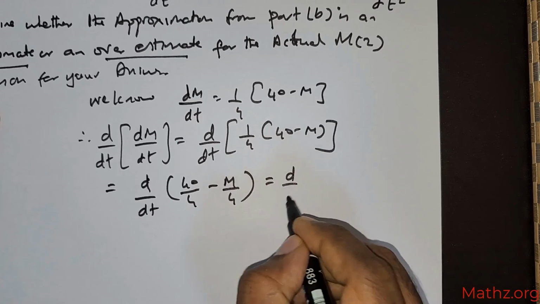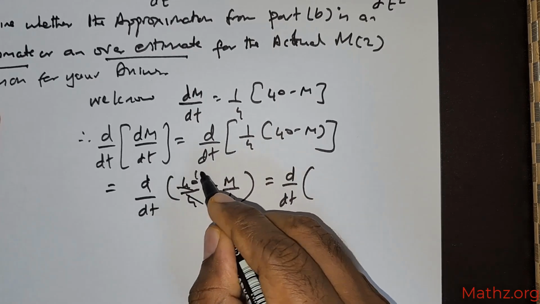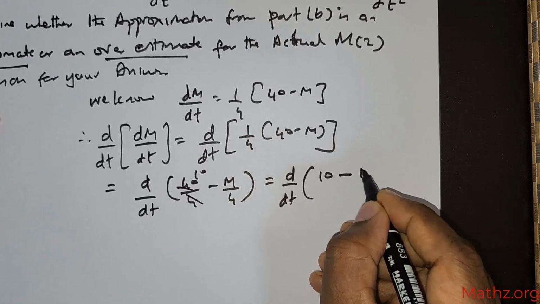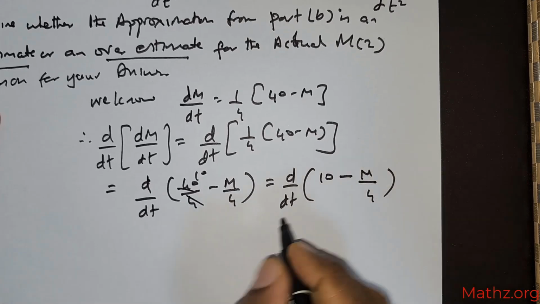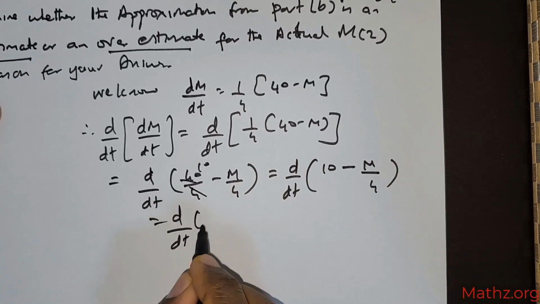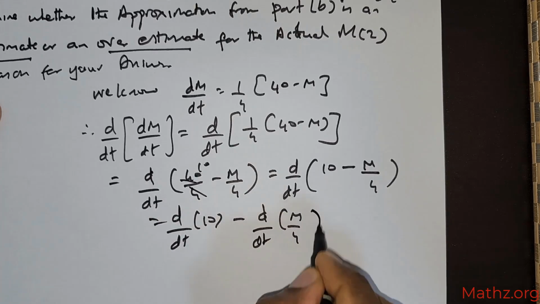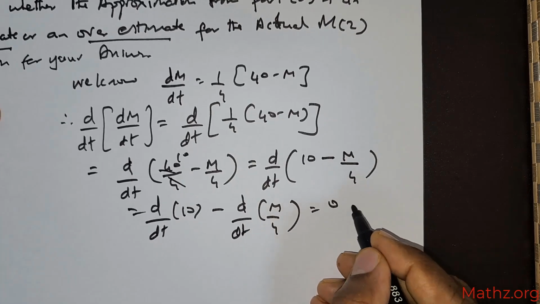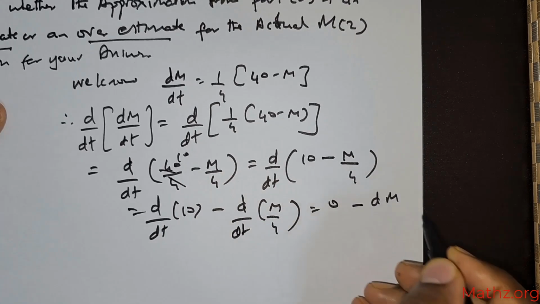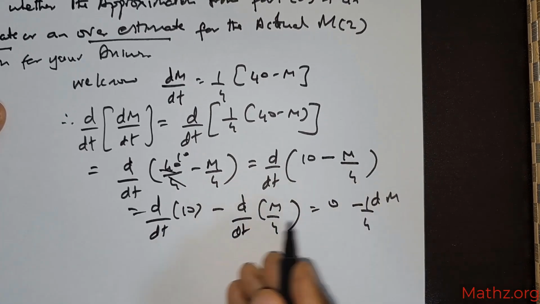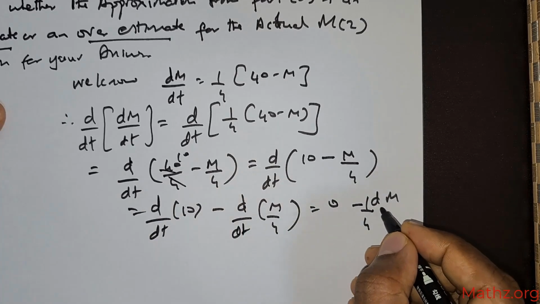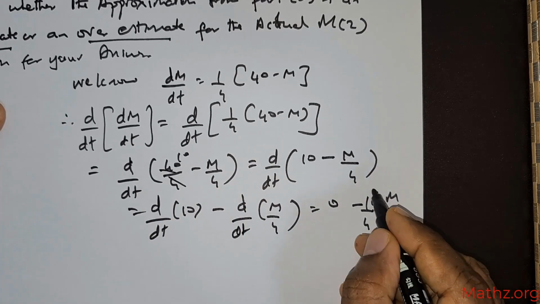Now 4 divides 40 ten times, so you have to differentiate 10 minus m over 4, which is d over dt of 10 minus d over dt of m over 4. This will give you 0, and this will give you 1 over 4 times dm over dt.